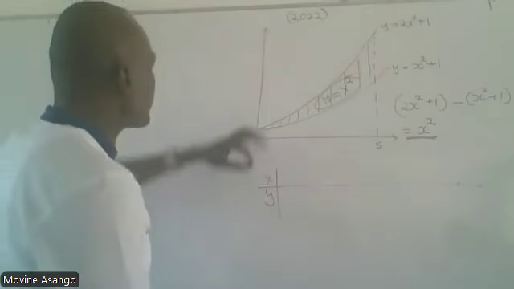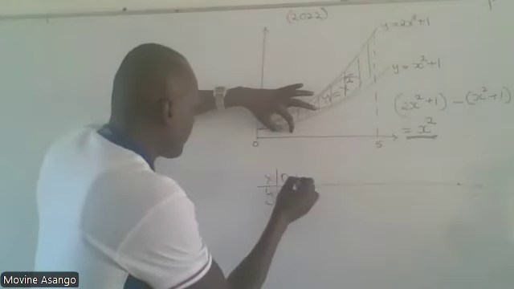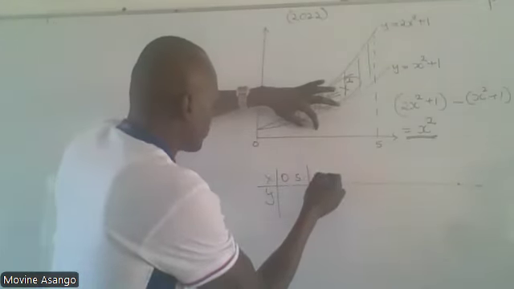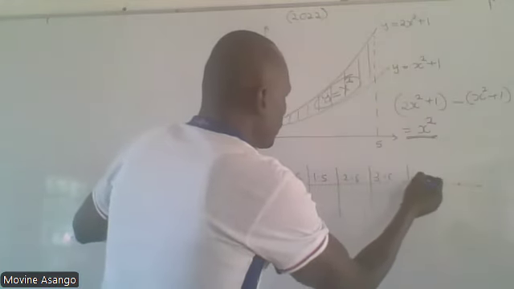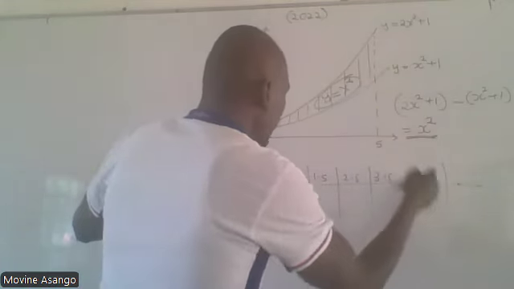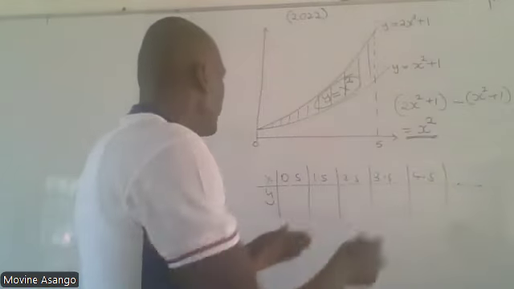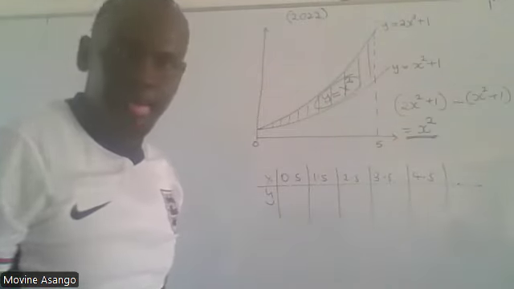Mid-ordinates, we are picking from 0 and 1, that is 0.5. From 1 and 2, 1.5, 2.5, 3.5, and 4.5. 5 of them. We are picking the mid-ordinates between 0 and 5.